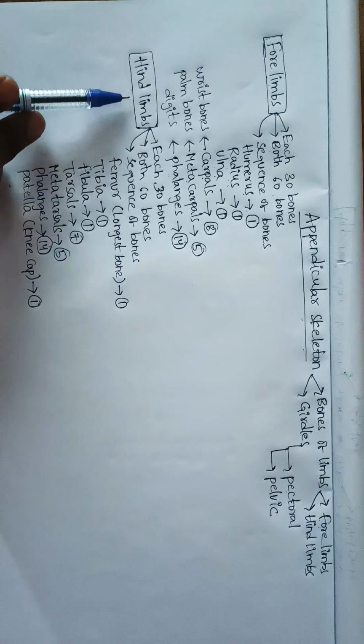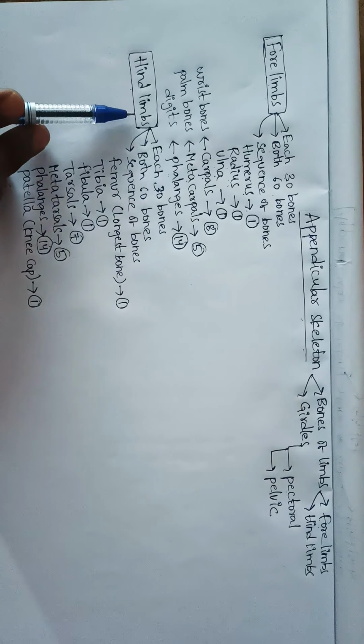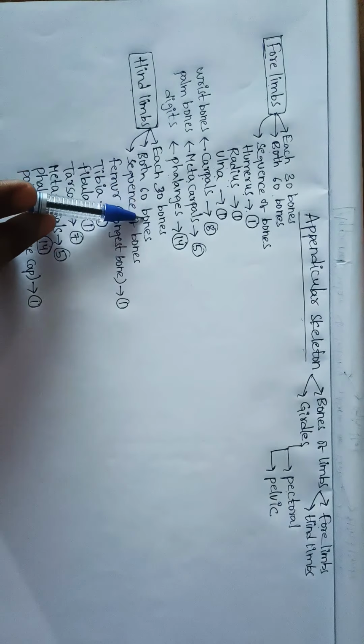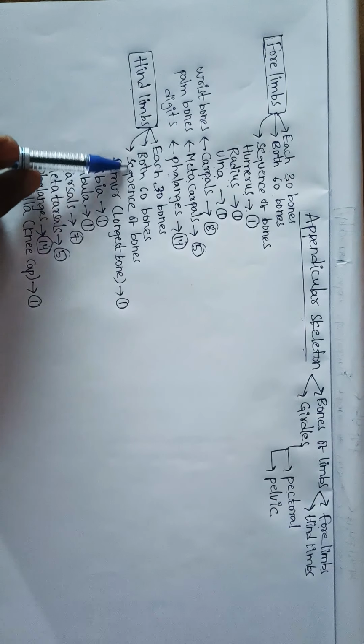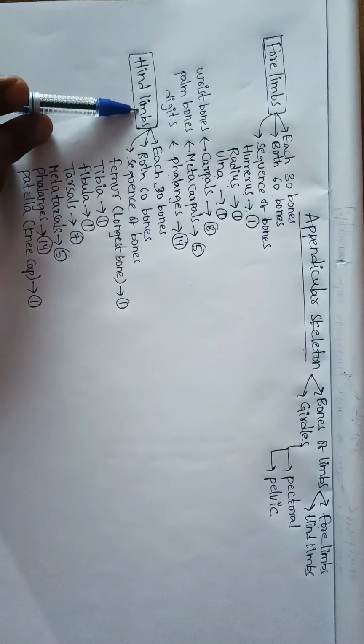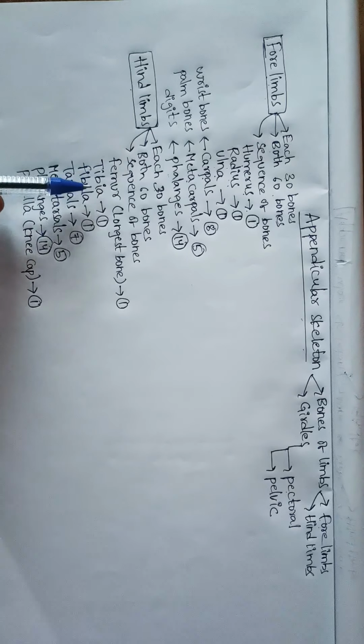Each hind limb consists of 30 bones, so total bones in both hind limbs are 60. The sequence of bones in the hind limb is femur, tibia, fibula, tarsals, metatarsals, phalanges, and patella.